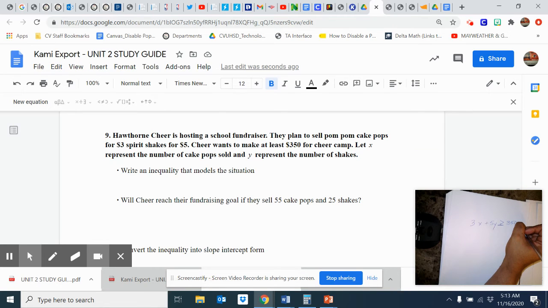Will Cheer reach their fundraising goal if they sell 55 cake pops and 25 shakes? So that's 3 times 55 plus 5 times 25. We've got to see if we're going to reach our goal. So 55 times 3 is 165. 25 times 5 is 125.